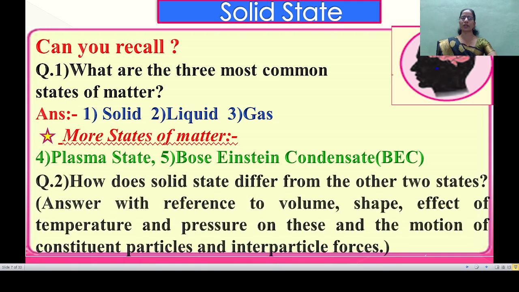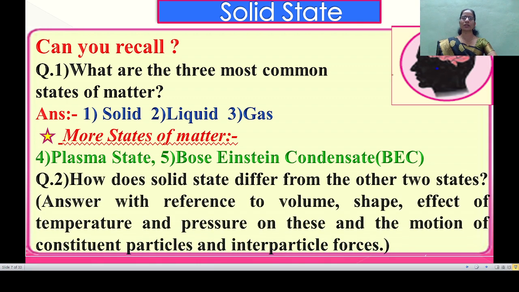The second question: how does solid state differ from the other two states? You have to answer this question with reference to volume, shape, effect of temperature and pressure on these, and the motion of constituent particles and interparticle forces.